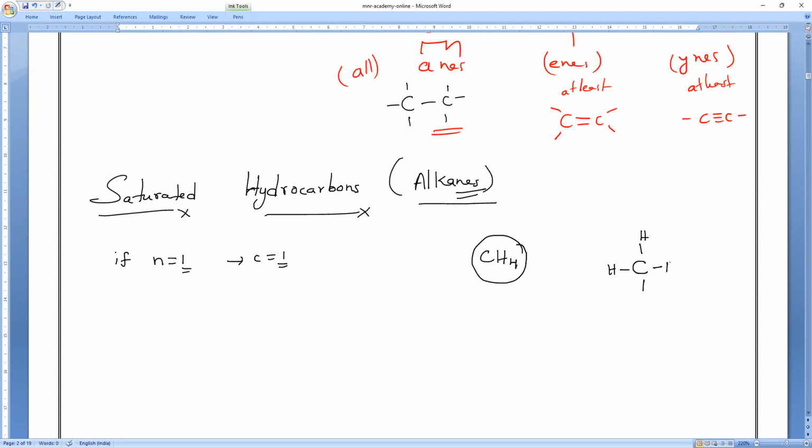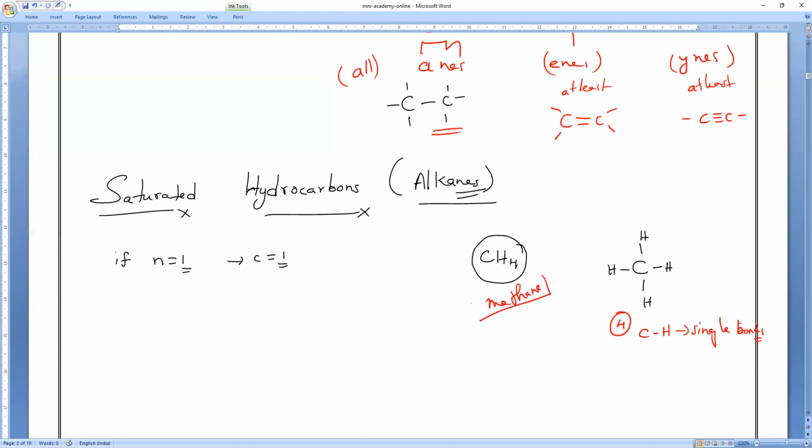How many carbons are there, everybody? One, and that carbon is connected with only single bonds. How many single bonds? Four C-H single bonds. So methane is the smallest and simplest saturated hydrocarbon, alkane.